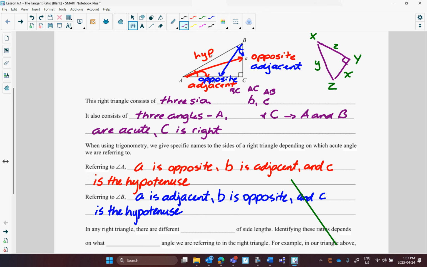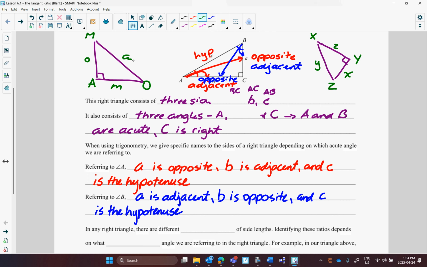Let's put one over here. Trying to think of somebody in here I can use, Jenny, or Julie. M-A-O. So little o, little m, little a. This is Julia's triangle.